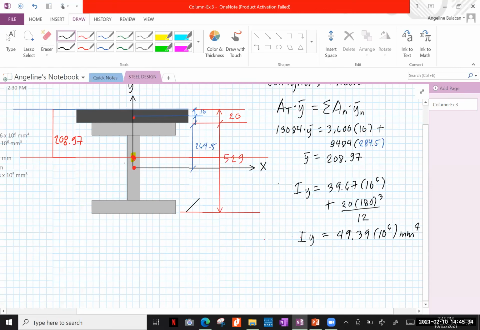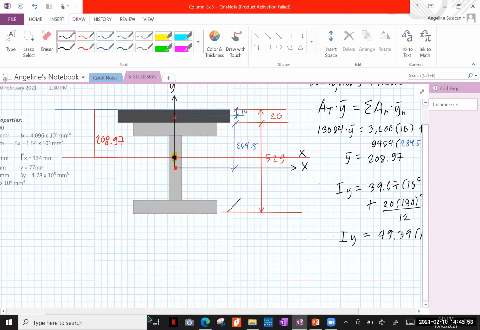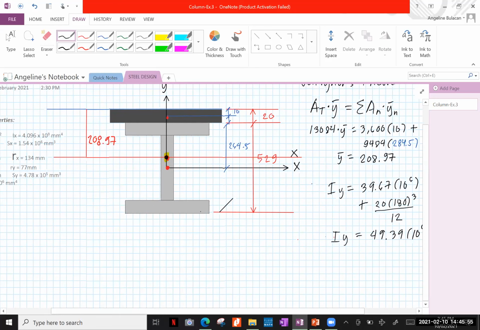Now, how about your IX? Again, yung IX kasi natin is wala sa isang X. So, itong new line na to, this will be your X-axis, kasi andito yung centroid ng group. Now, recall in your statics, if we have a different centroid for the group, we need to use your transfer equation.